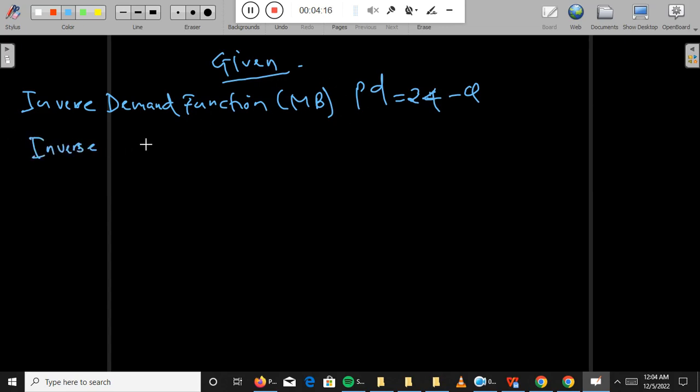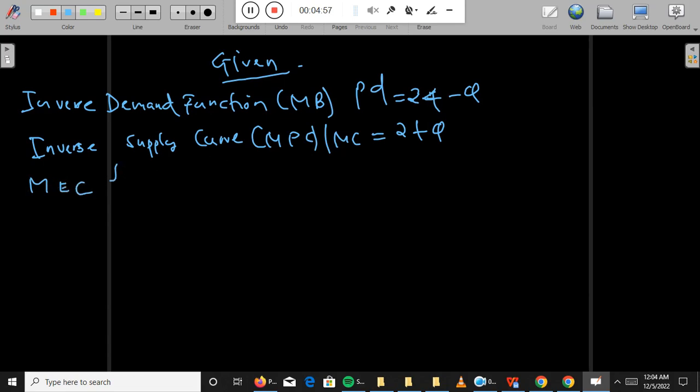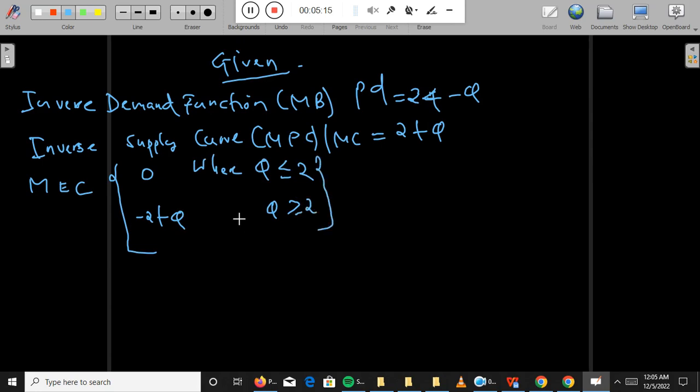We also have the inverse supply curve, sometimes called the marginal private cost. We normally write MPC or MC, which is equal to 2 plus Q. But we also have the marginal external cost curve, which is given as 0 when Q is less than or equal to 2, and negative 2 plus Q when Q is greater than 2.